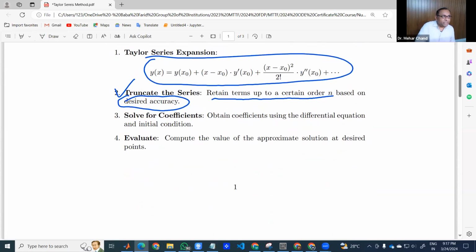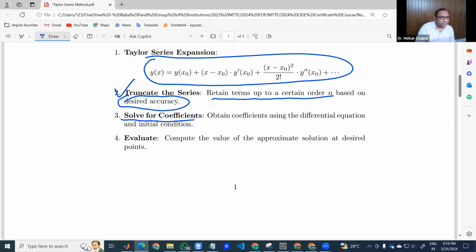Then we have to solve for the coefficients. Obtain the coefficients using the differential equation and initial conditions. When we have a higher order or second order differential equation, in the case of a boundary value problem, we need to find the interior points, and in that case we need to apply central difference also, which we have already discussed in the last few lectures.